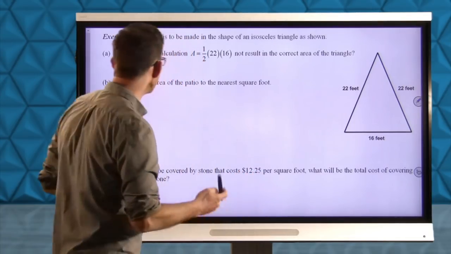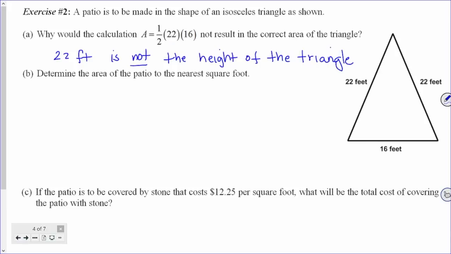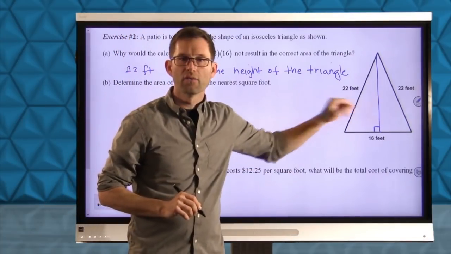Either way, the 22 feet is not the height of the triangle. The actual height of the triangle must be perpendicular to the base. That would be the height.